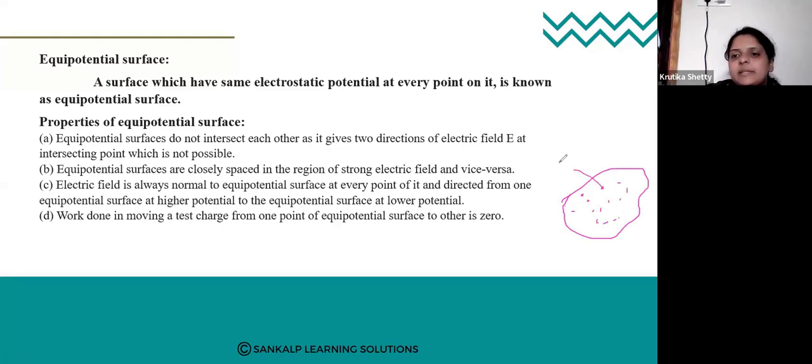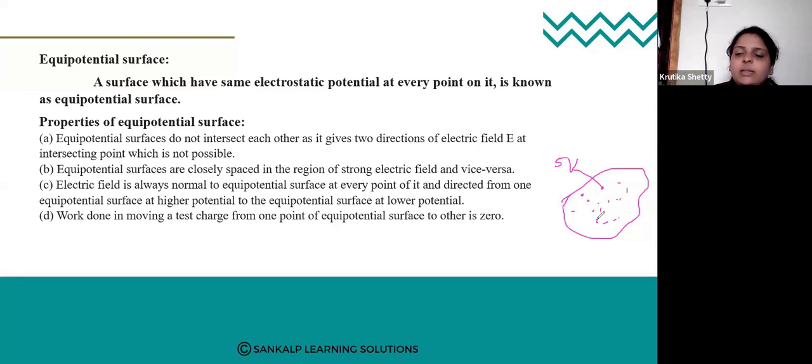Suppose this surface has a potential of 5 volt, then at this point it is 5 volt, here also 5 volt, meaning at each and every point on the surface the potential is equal. Such surfaces are called equipotential surfaces.